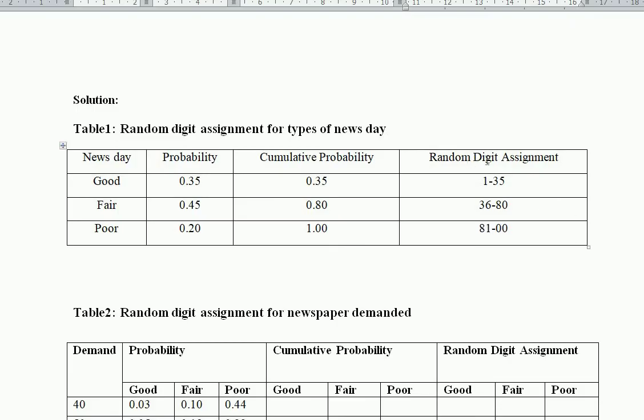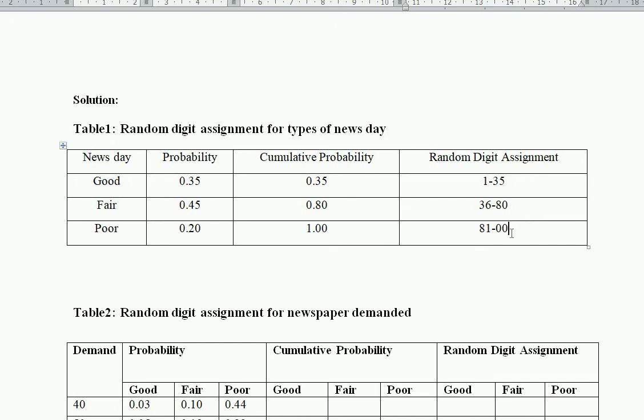The random number lies between 0 and 1, so you should not take it as 100 because it is a 2-digit number; we take it as 00. So: 1 to 35, 36 to 80, 81 to 00.